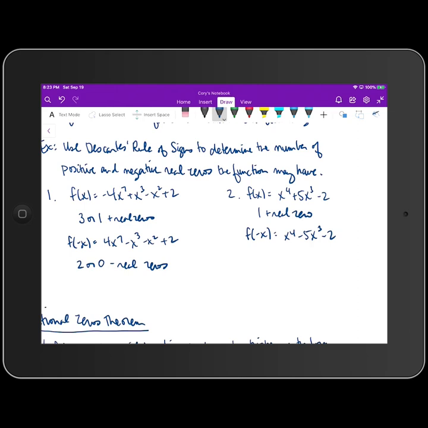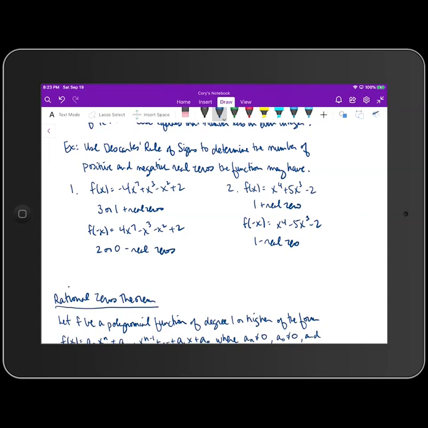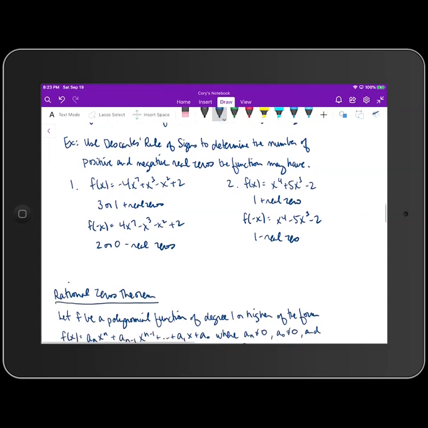The second term changes to negative, so that's one sign variation. The next term stays negative, so that's still one sign variation. So there's going to be one negative real zero. Okay, so again, the terminology sounds really complicated. It's just a matter of counting to determine the positive and negative real zeros.